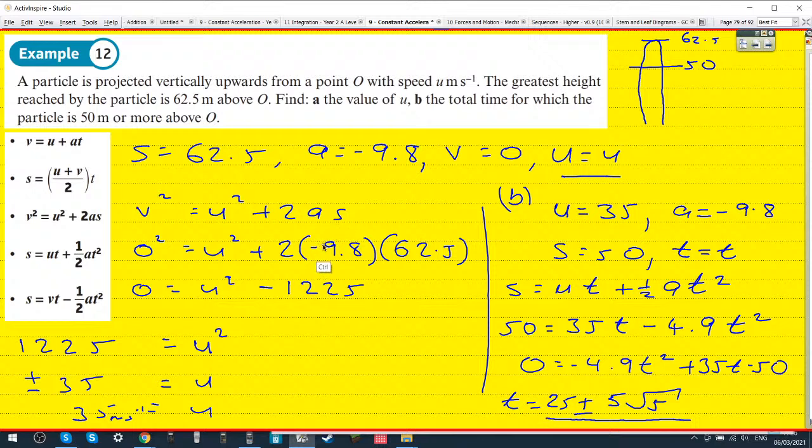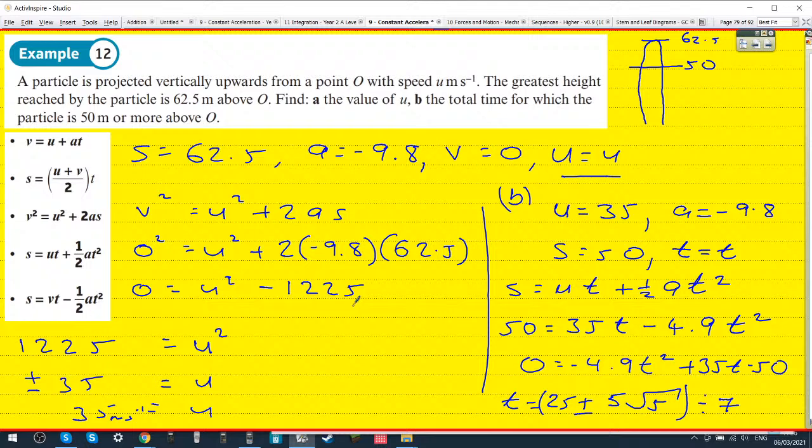Okay, how do we get the total time that it is above that? We do our last answer minus the new answer we've got. What do you mean, our last answer?